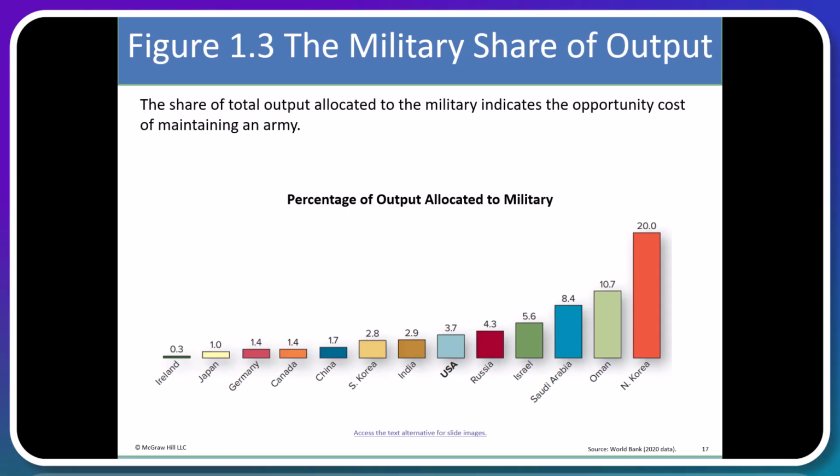Not going to get into a geopolitical commentary, but just for reference, the United States spends more on the military than most countries. As a matter of fact, you have to put a couple of countries together to equal what the U.S. spends because of the large GDP. But as a percentage of gross domestic product, which you'll get to a little later in macro, you see this is all they focus on. And the trade-off is you don't have resources for other things.